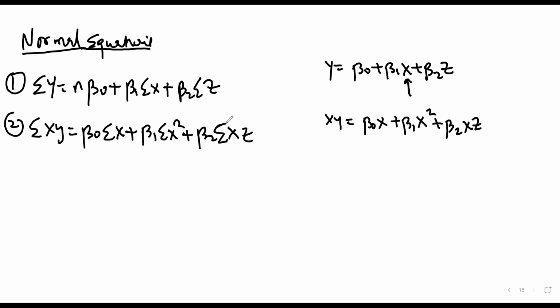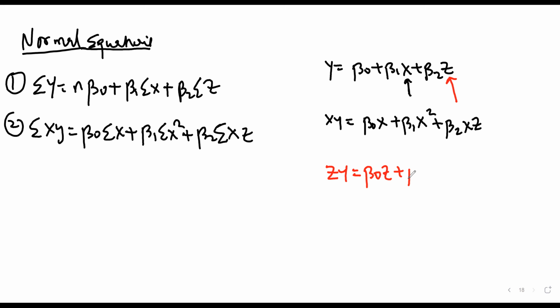Now, for the final normal equation, you take z and multiply everywhere by z, so you end up with zy is equal to beta naught z plus beta 1 zx plus beta 2 z square. The reference point is always the first equation.